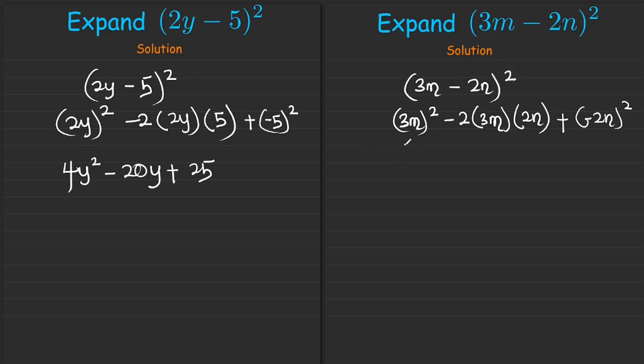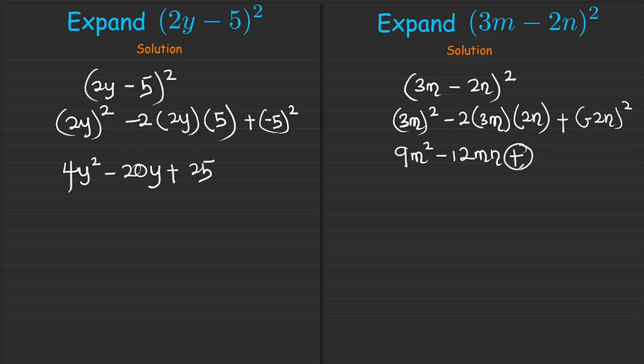So simplifying, we have 3 squared, which gives us a 9. So 9m squared, then 2 times 3, which gives us a 6, then times our 2, which then gives us a 12, not forgetting our negative. So 12mn, and then plus the negative squared gives us a positive.